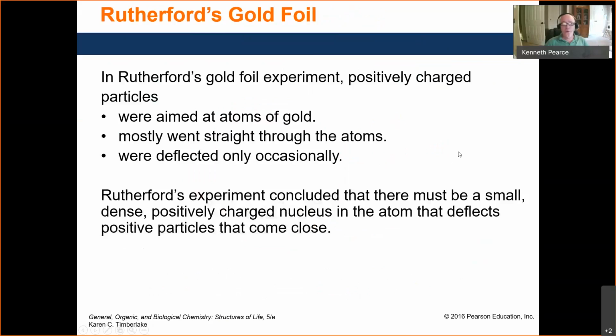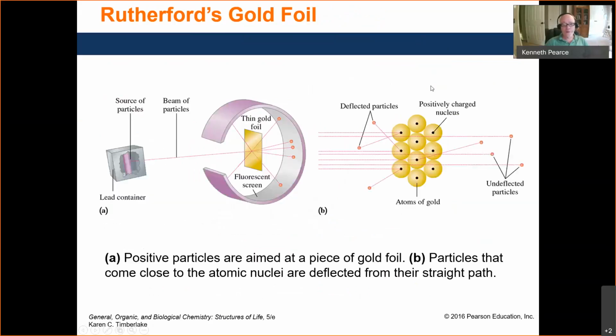And so Rutherford's gold foil experiment tested it, and this is how he did it. He fired these particles through a thin layer of gold, and if the plum pudding model was correct, then these atoms should be filled with positive goo and electron particles, and the particles should be hitting them pretty much no matter what.